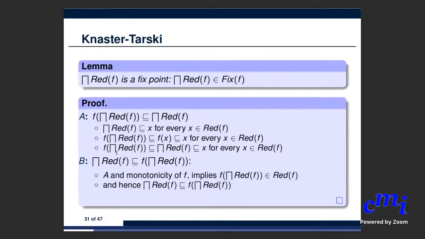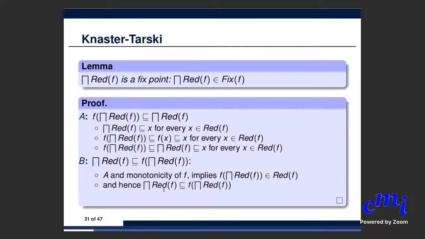F of y has to be less than or equal to y. Yeah, and the y here is F of red, and because that is less, it is going down. So y is in the reductive set. Yeah. And y here is F of this.